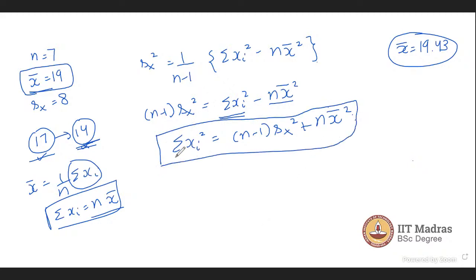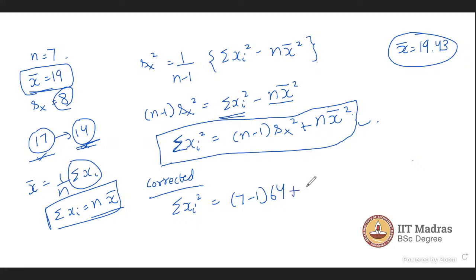So our earlier summation xi square was this, right? But now I have to find my new summation xi square, the corrected one. So corrected one will be, n is my 7, I think. 7 minus 1, times sx square is 64, 8 square, plus n is again 7.